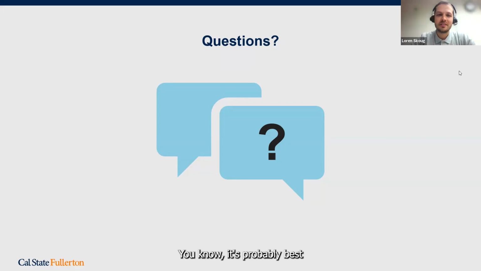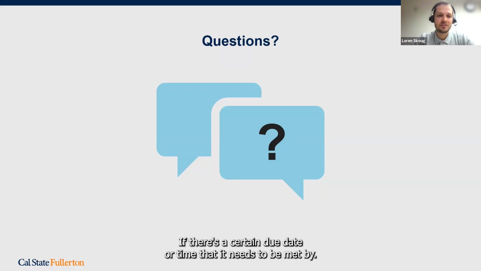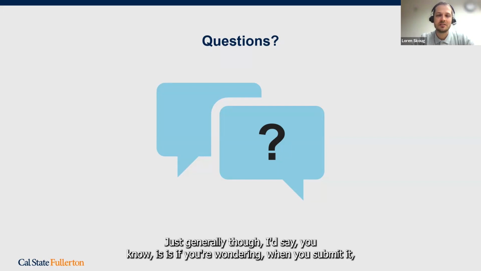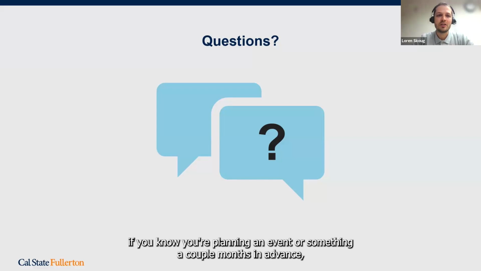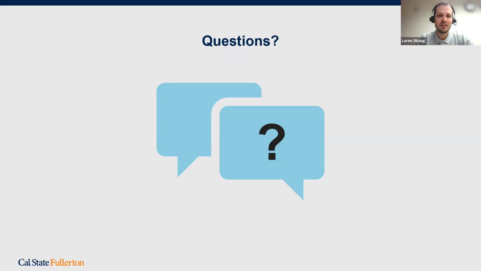It's probably best. You can use that feature, but I think it's best if you just make a note in the comments if there's a certain due date or time that it needs to be met by. Just generally though, if you're wondering when you should submit it, if you're planning an event a couple months in advance, the earlier you can get all your documents together and submit the requisition, the better.